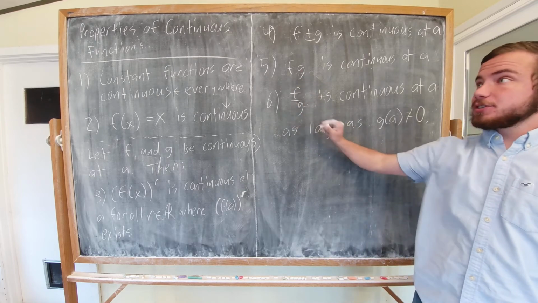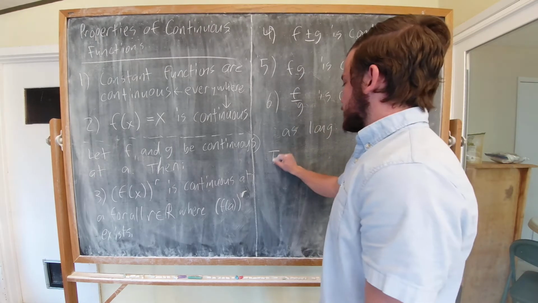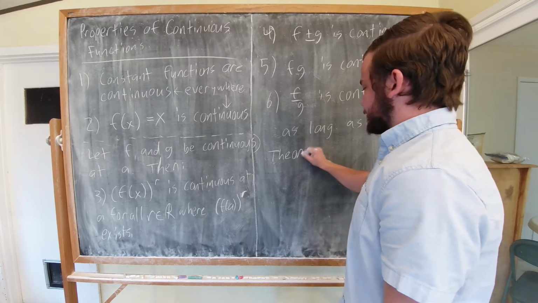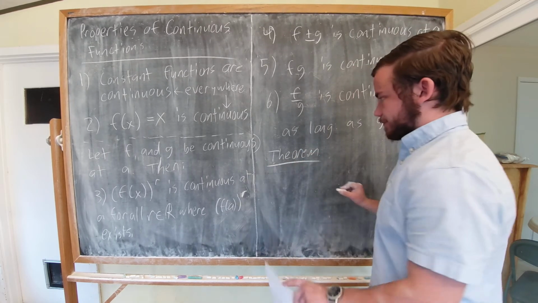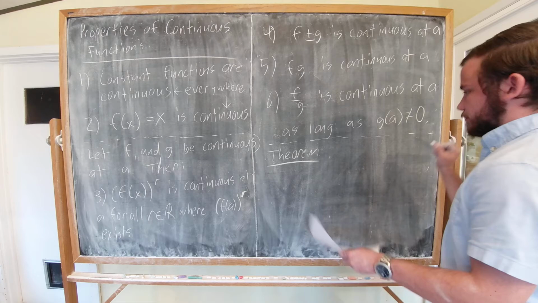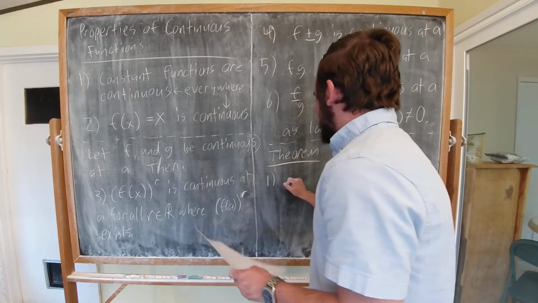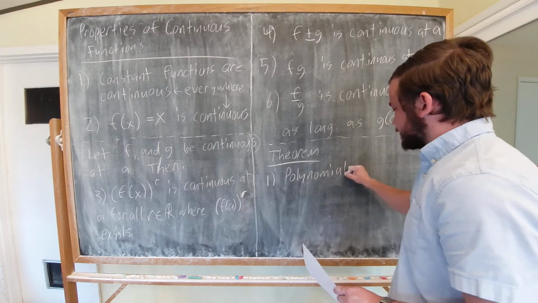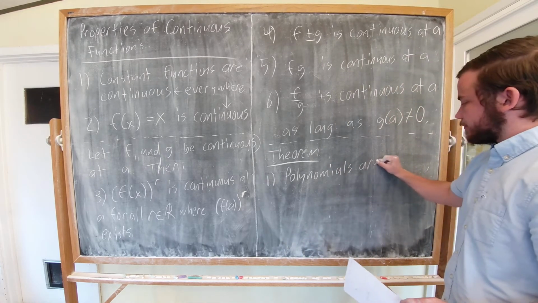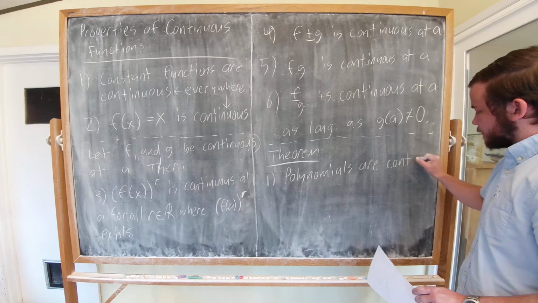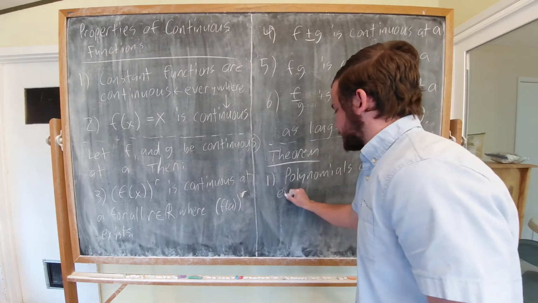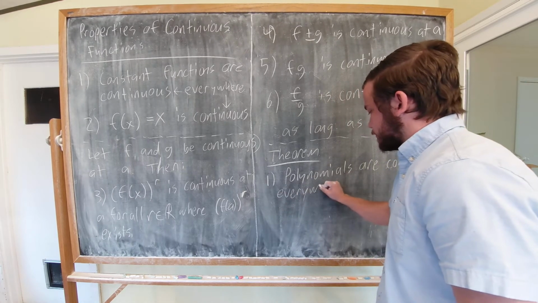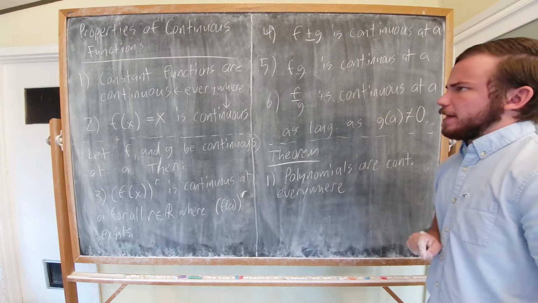Gluing all of these properties together yields the following theorem. Polynomials are continuous everywhere. And let's think about why that is.